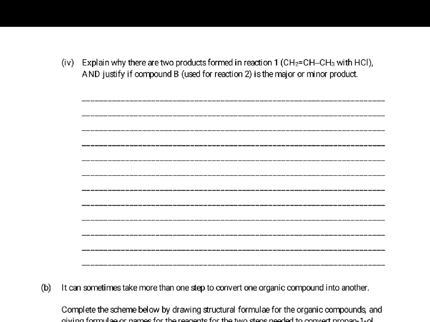Right, the last page, explain why there are 2 products formed in reaction 1 when you mix alkene with HCl, and justify if compound B is a major or minor product. So if we draw it out, and we add HCl, we can see that the HCl can go in 2 different places.